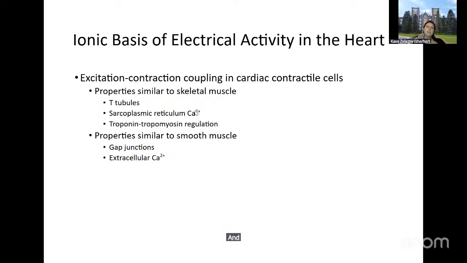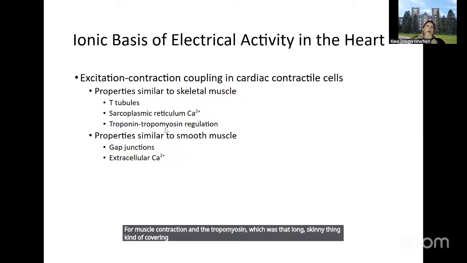And if we were to look at the details of how the contraction is actually happening, how do these fibers get shorter? How do we have things slide past each other? We'll see that that activity is still regulated by the interaction of calcium with troponin, which we think of as kind of our light switch for muscle contraction, and the tropomyosin, which was that long skinny thing covering up our binding sites, blocking actin and myosin from grabbing onto each other in the absence of calcium.